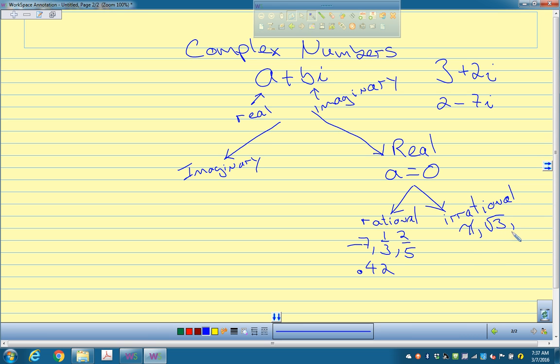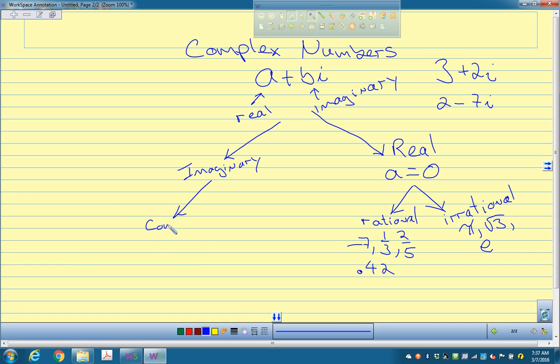So is anything that cannot be expressed as a repeating decimal. Pi, and there's another number, e, which is irrational. Any square roots that can't come out of the box. e is another irrational.